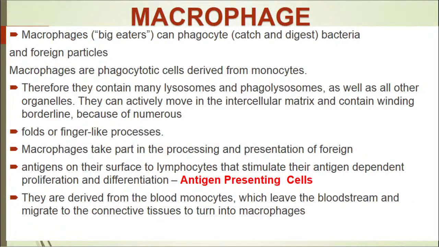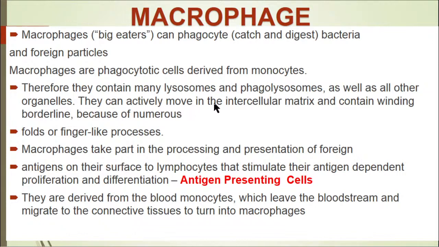And of course, macrophages. Now we're talking about a special type of cells, very shortly discussed, that is the functions of other cells in connective tissue. Macrophages, the big eaters, can phagocytose, catch the biggest bacteria and foreign particles. Macrophages are phagocytotic cells derived from monocytes.